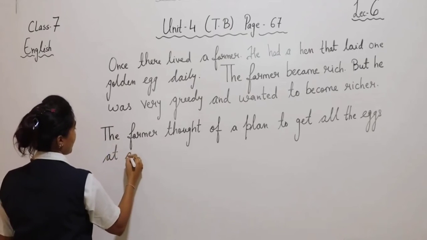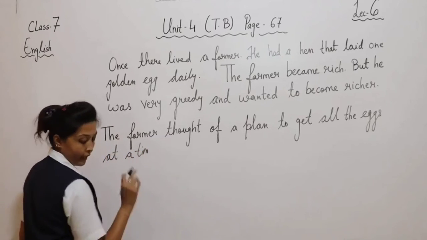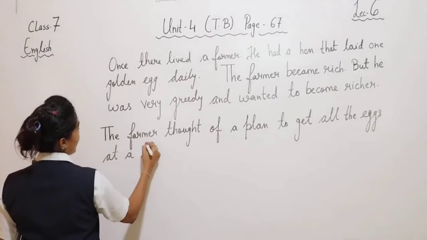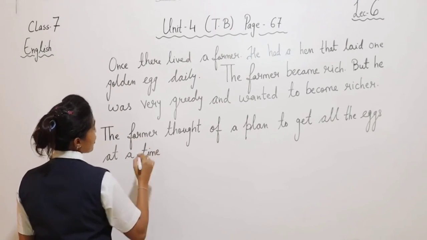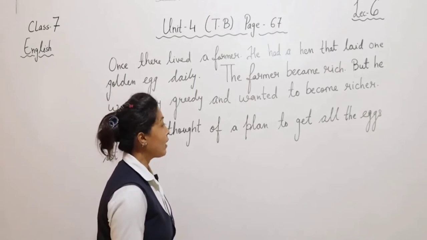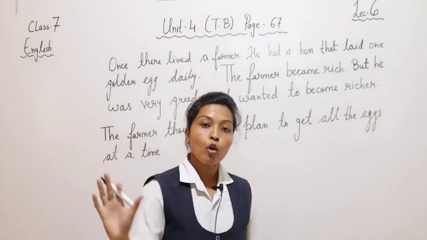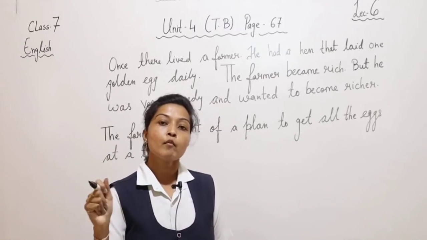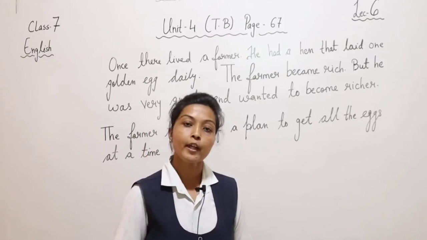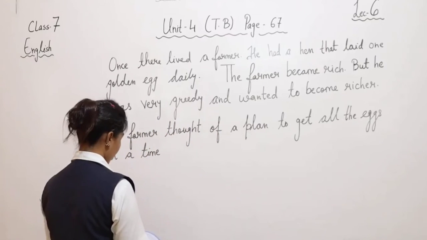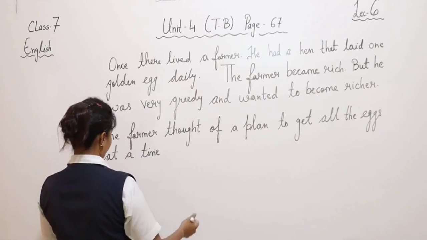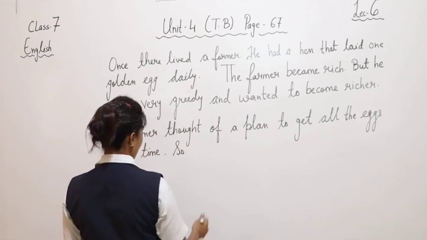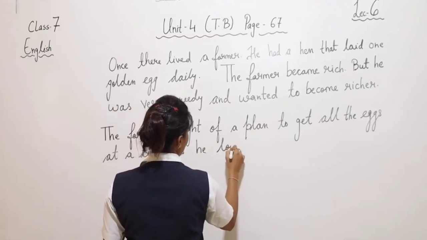So what he thought, that every day hen laid one egg. So now he wanted to become richer. So what he thought, that why can't I get all the eggs at one time only? Why every day one? So at the one time only I get all eggs.